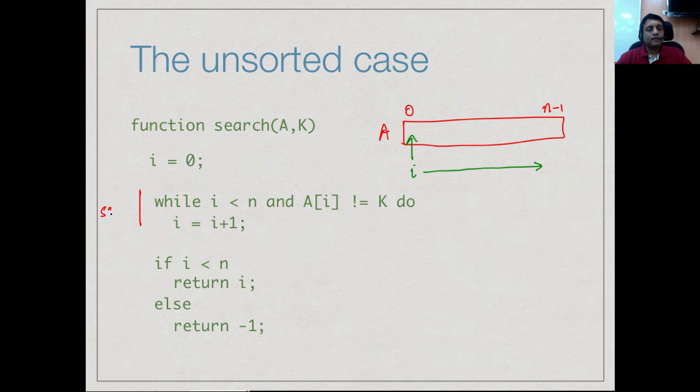The scan either terminates when you reach the end without finding it, or when at some position i we find that A[i] is equal to k. Depending on that, we either say it is found, in which case we return the position, or we have reached i equal to n, which means we have gone beyond A[n minus 1], and so we return minus 1, an invalid position, to indicate that it's not found.